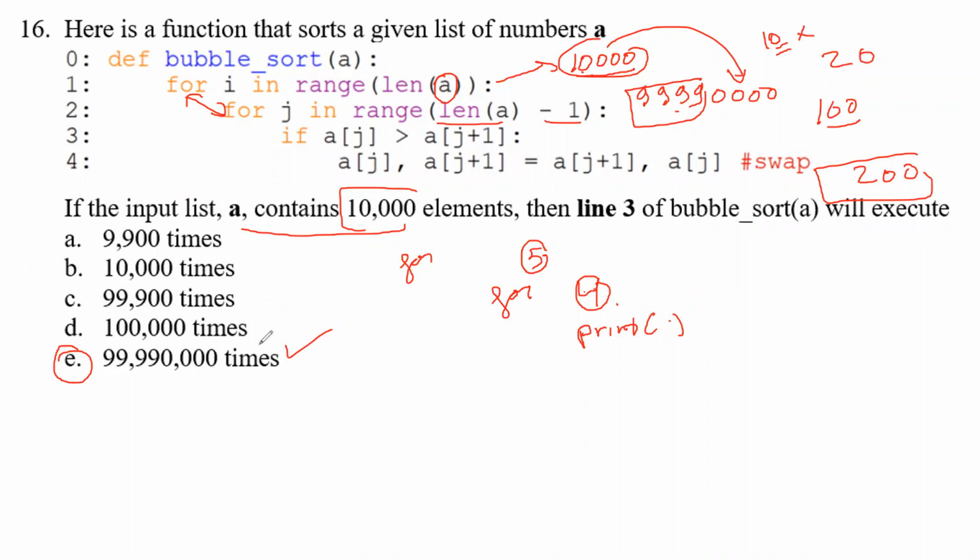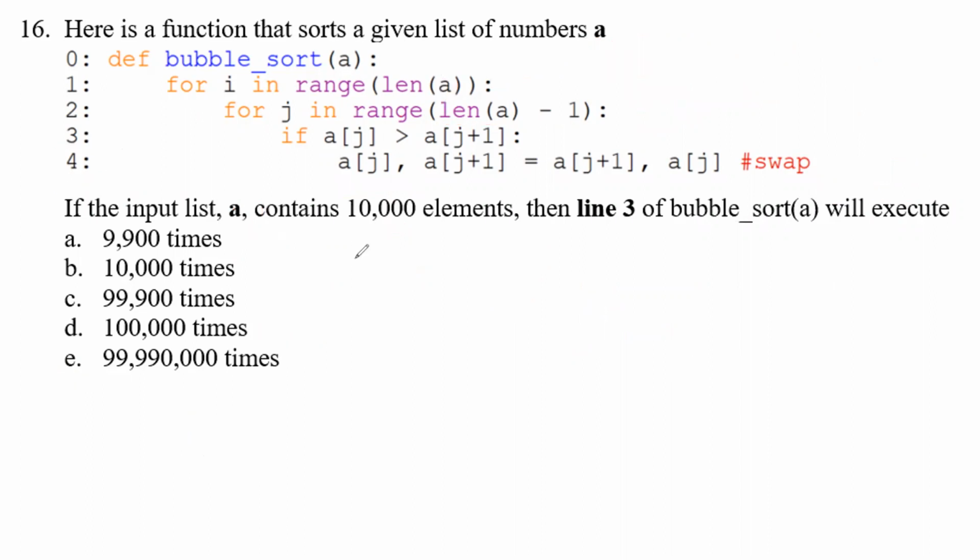As I told you, this is an easy question. Okay, the same question now, but A contains 1,000 elements. I'm going to ask you about line 4. So the question is, how many times is line 4 going to be executed if A contains 1,000 elements?